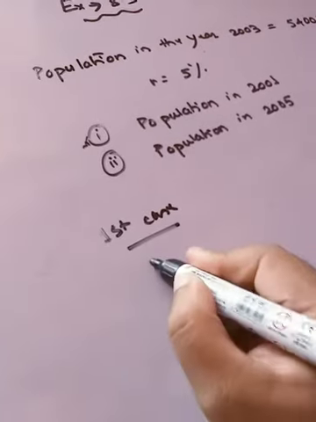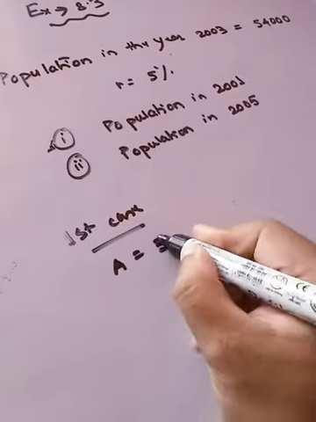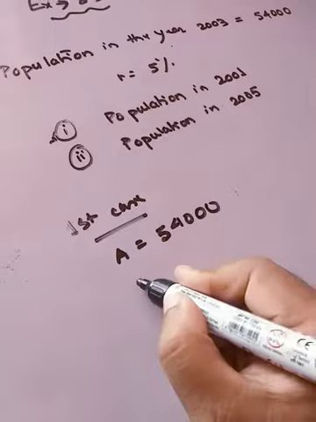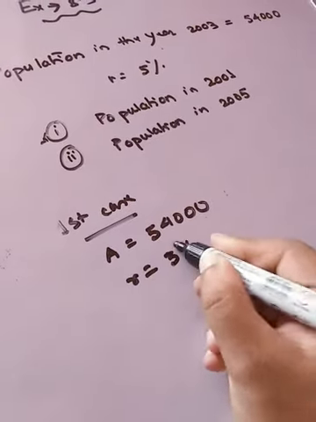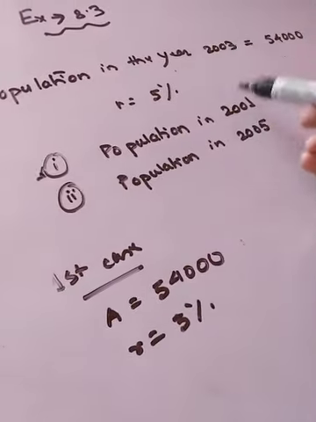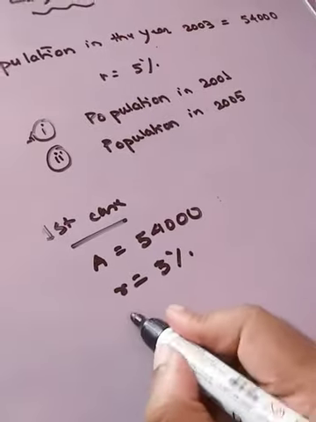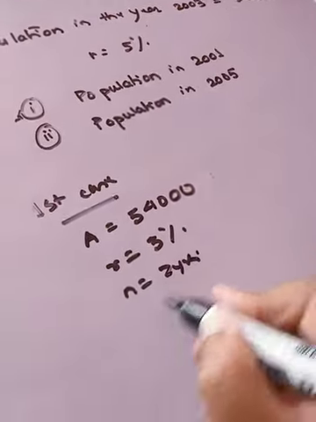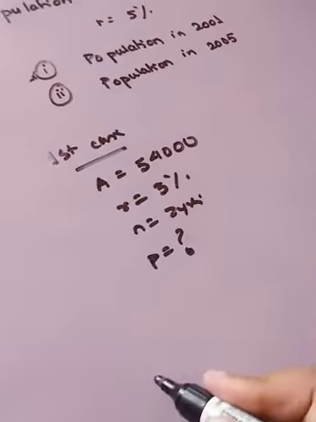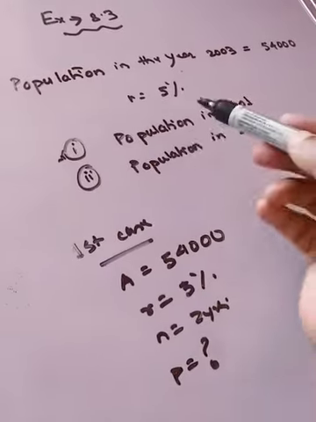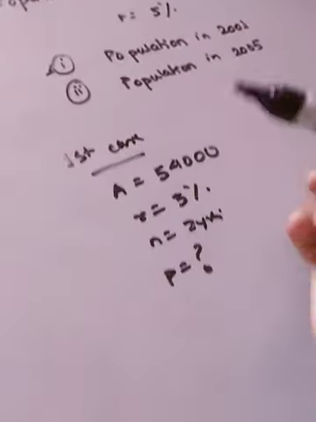For the first case, the amount would be 54,000, and the rate would be 5%. What is the gap between the years 2003 and 2001? So n would be 2 years, and you have to get the value of P. Once you get the value of P, you will come to know the population in the year 2001.